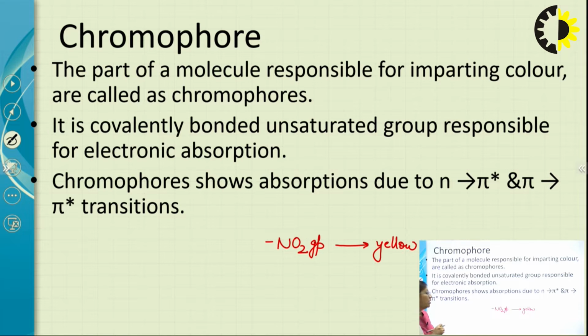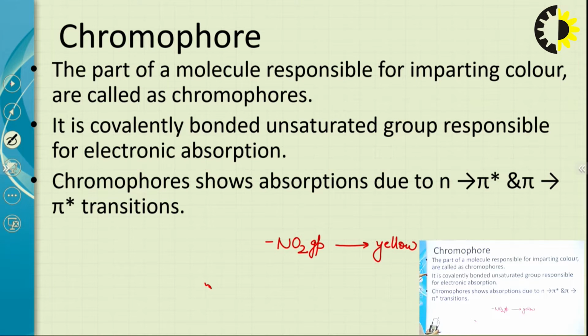So, chromophores are covalently bonded unsaturated groups which are responsible for electronic absorptions, and they show absorption due to n to pi star or pi to pi star transitions, or both. Such groups are known as chromophores.